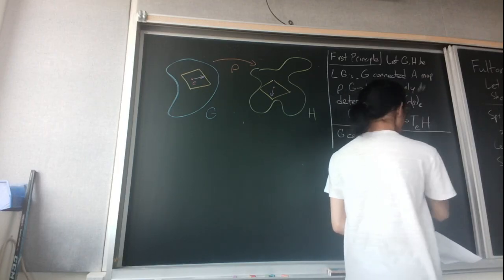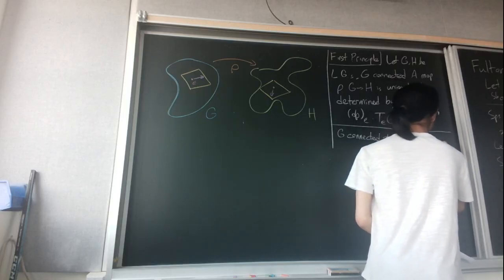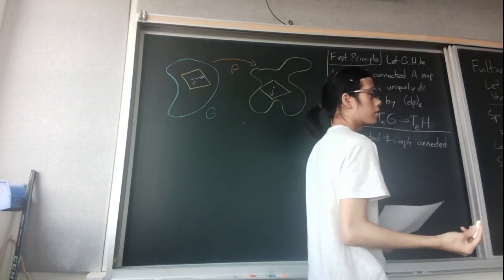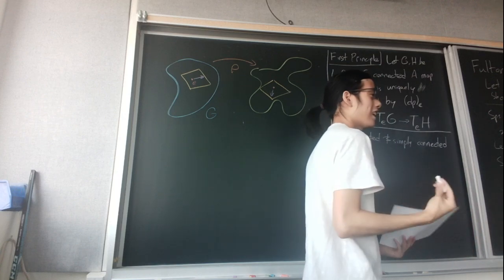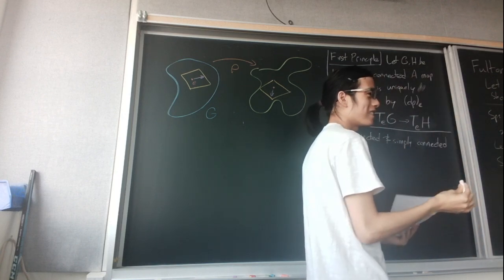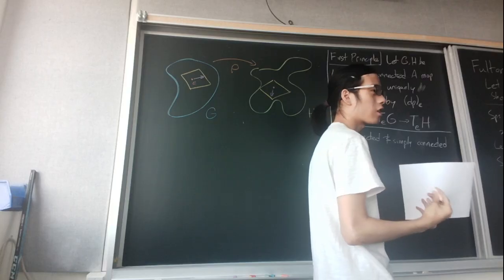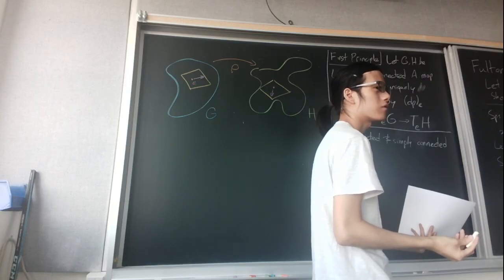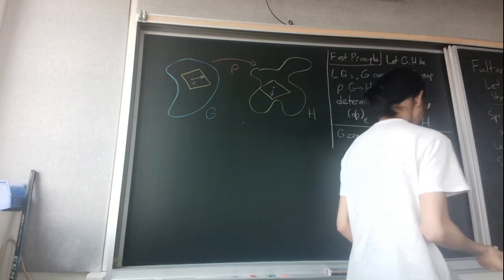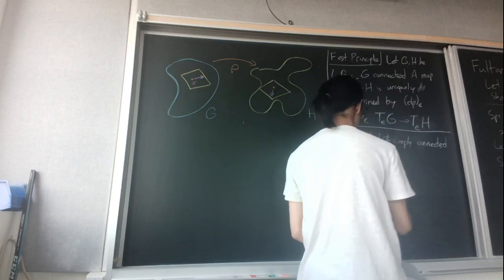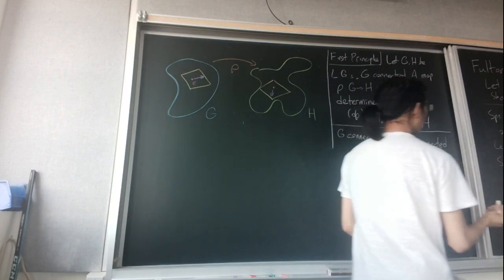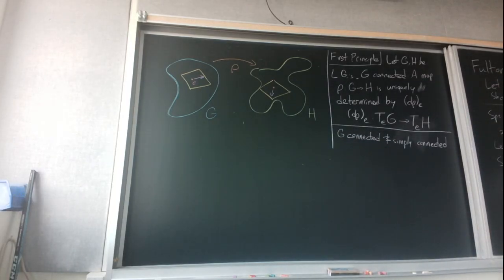I should probably state it. I did not prep the definition, but okay. If you have a loop, you can shrink it down to a point without getting caught on anything. That's the intuitive explanation. So if I have a donut, I'm going to draw it over here.